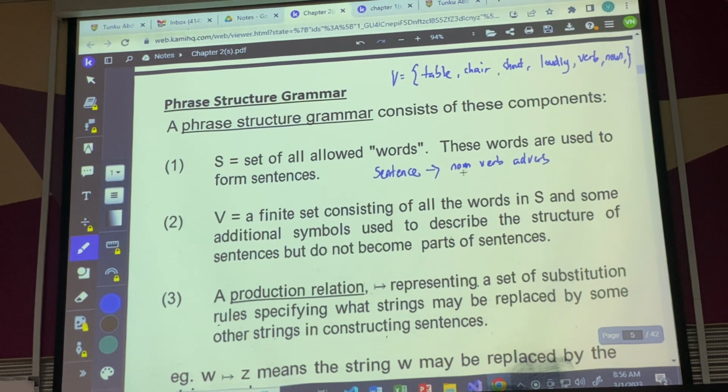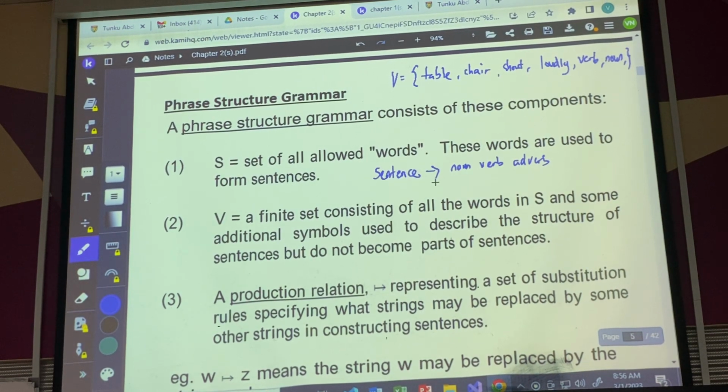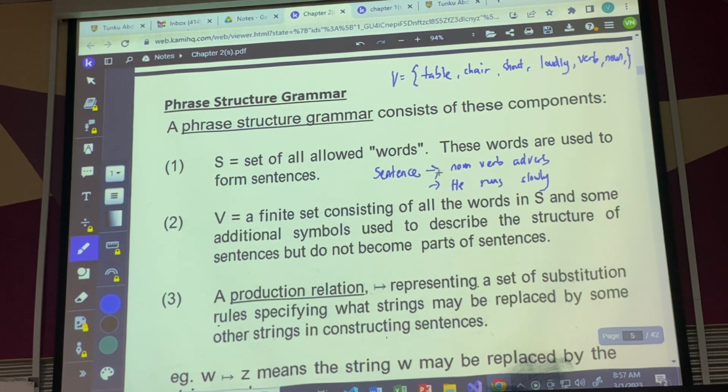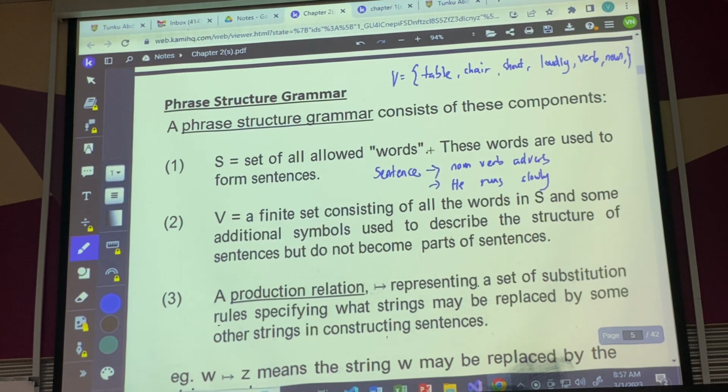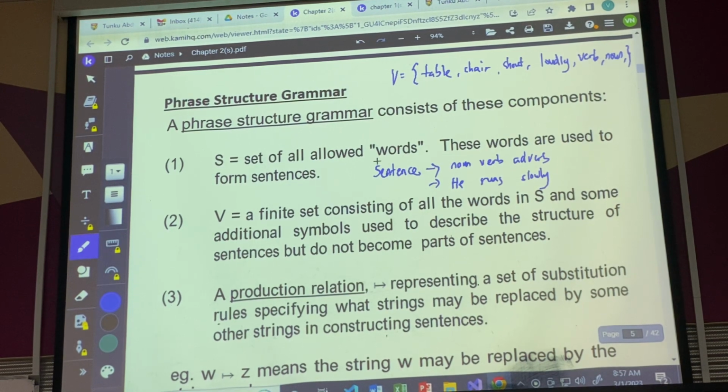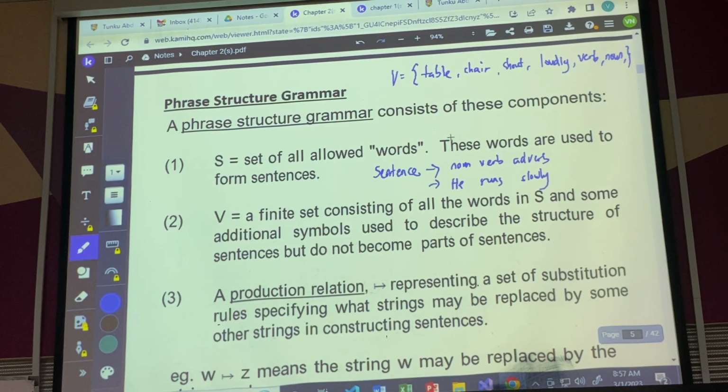Later on, I can replace this noun with another word, he for example. I can replace the verb with runs and the adverb with slowly. Okay? So this arrow means the substitution. The words noun, verb, and adverb substitute for the sentence. So we call this the production relation.